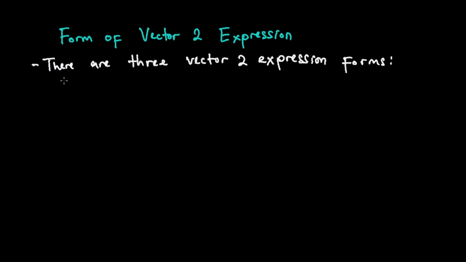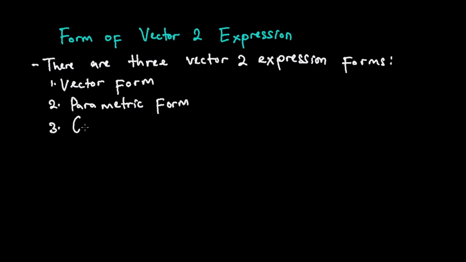What are they? We have vector form, we have parametric. Remember when you did calculus 1 you did parametric differentiation. So we have what we refer to as a parametric form. Then lastly, we also have a Cartesian form.